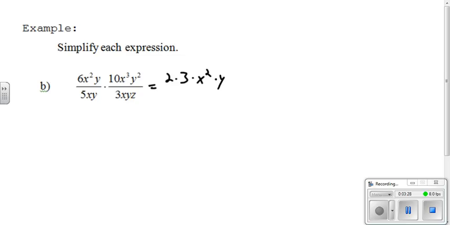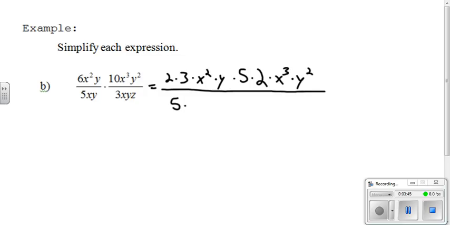So x squared and y. Still across the top, 10 becomes 5 and 2, x cubed and y squared. So that's our numerator now. Multiplying right across the denominator, we have 5 times x times y times 3 times x times y times z.